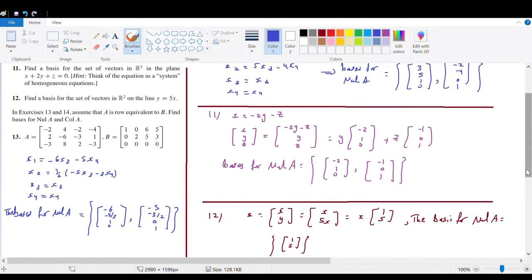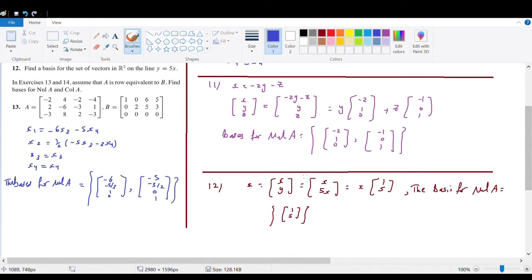Now the basis for col A is all the pivot columns. So here we have a pivot and here we have the pivot. So we need to take the columns of A, which is the first one and the second one.